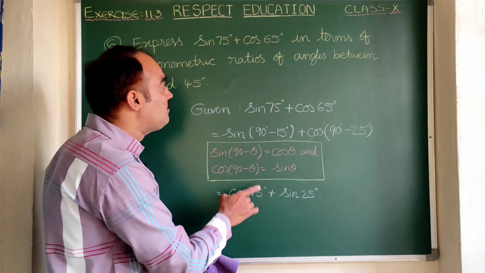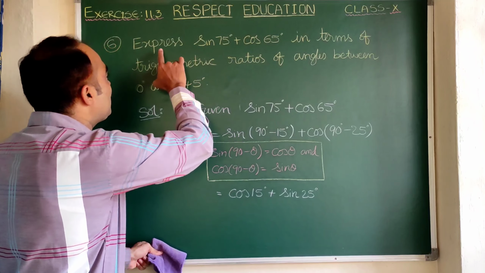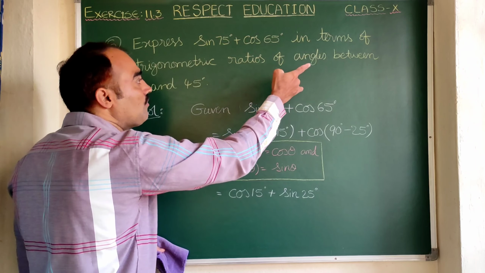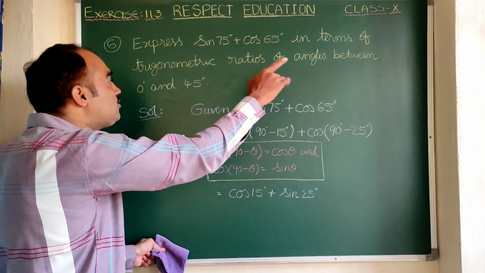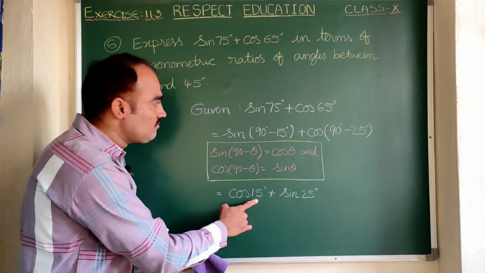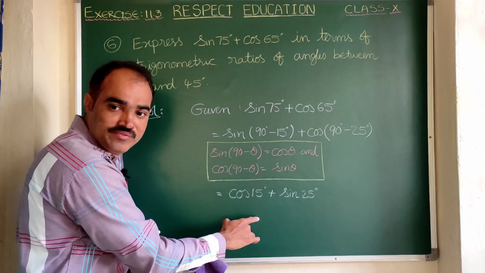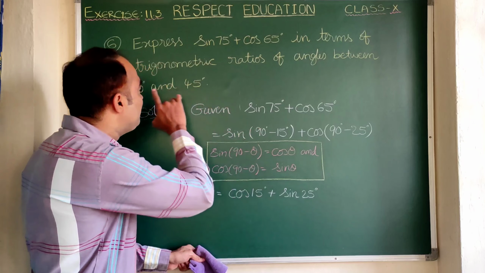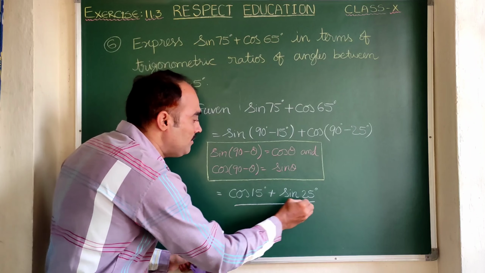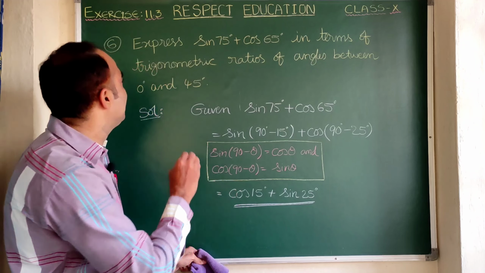We are asked to express this in terms of the trigonometric ratios of angles. The angle should be between 0 and 45. Is 15 between 0 and 45 or not? Yes, sir. Is 25 between 0 and 45 or not? Yes, sir. So with this, problem 6 gets completed.